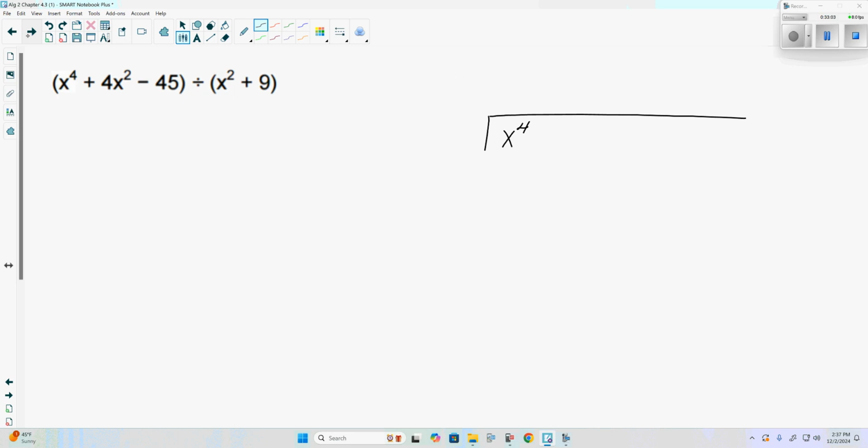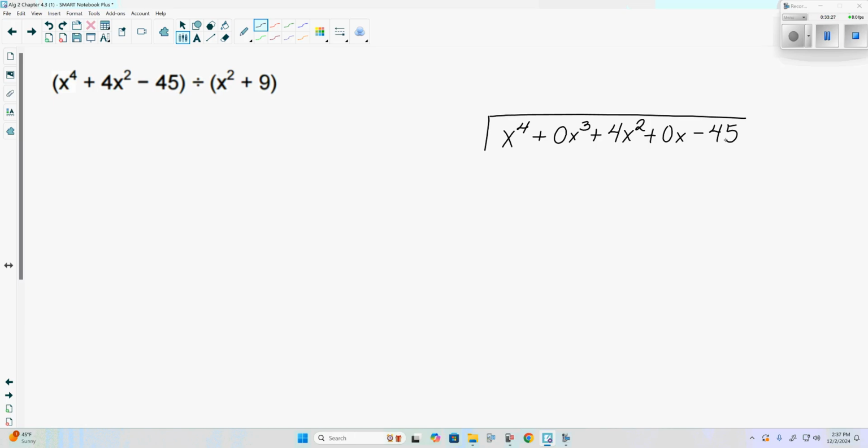Now this one here, x to the fourth. We don't have our x cubed term, so we'll add in a 0x cubed. We do have our x squared term, so plus 4x squared. Plus 0x minus 45. So we had to add in our x cubed and x terms. Funny enough, this one here is one of the outliers.